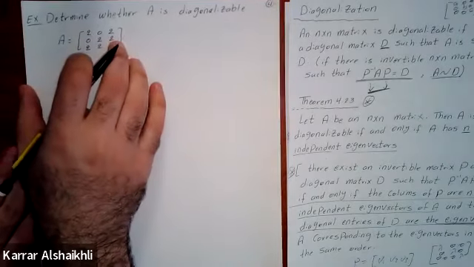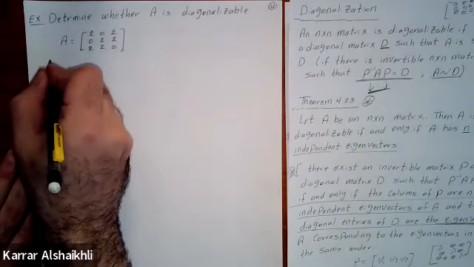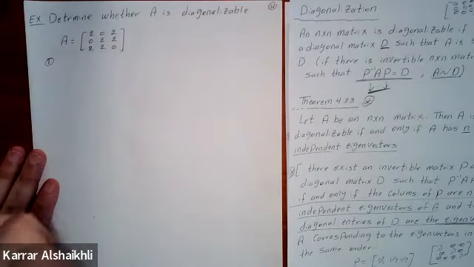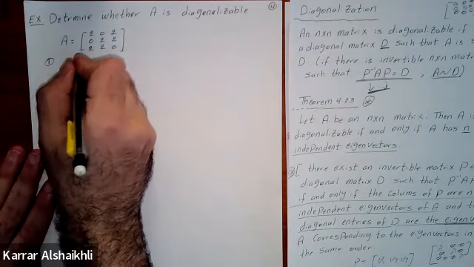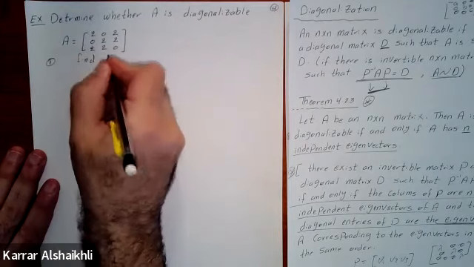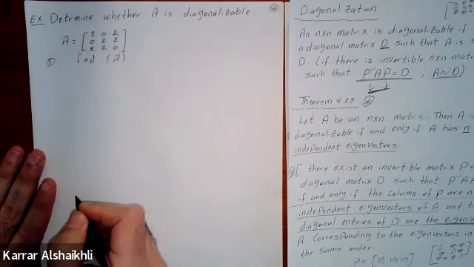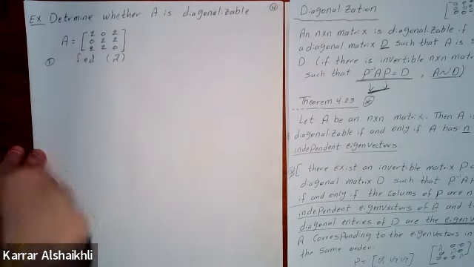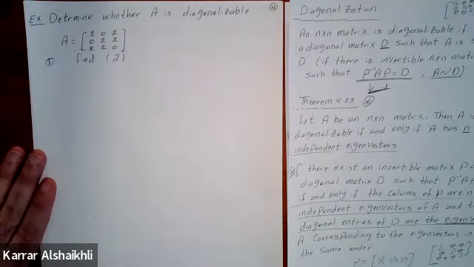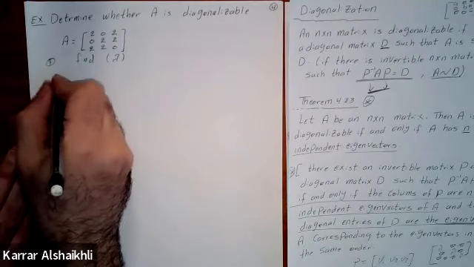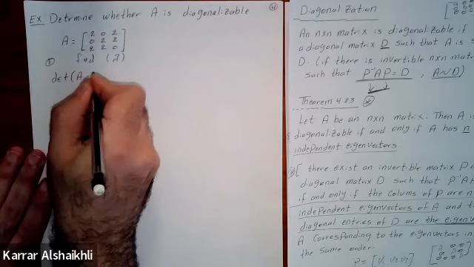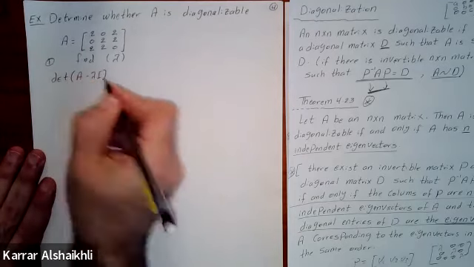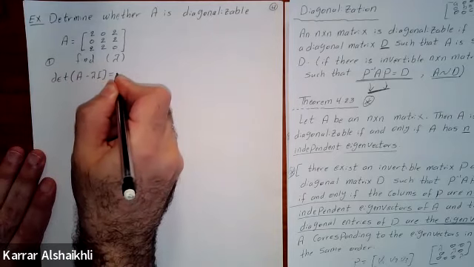So the first thing, we're going to find the eigenvalues, which is exactly the same way we learned in the previous section. Determinant of A minus lambda I is going to be equal to 0.